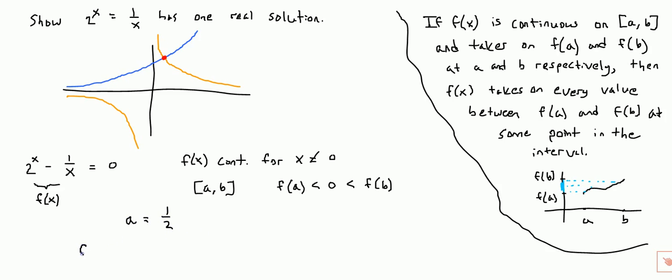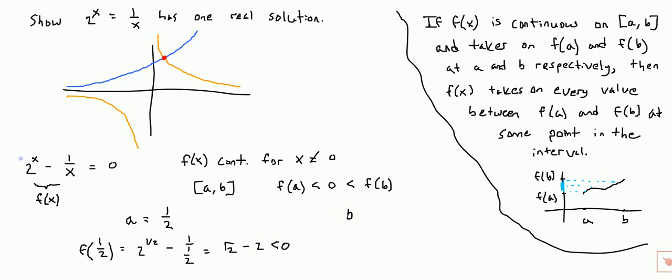Then f of 1/2 would be 2 to the 1/2 minus 1 over 1/2. And that's the square root of 2 minus 2, right? Square root of 2 is like 1.4 something. So this is going to be less than 0. What about our point B? We want B to be such that f of B is greater than 0.